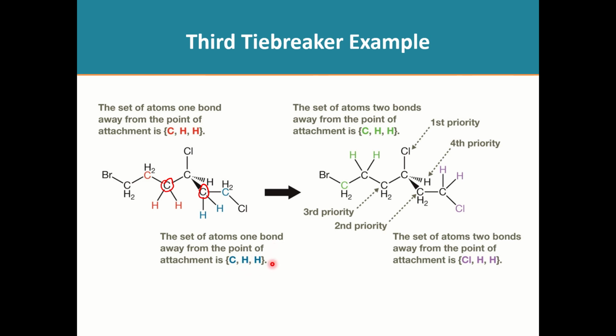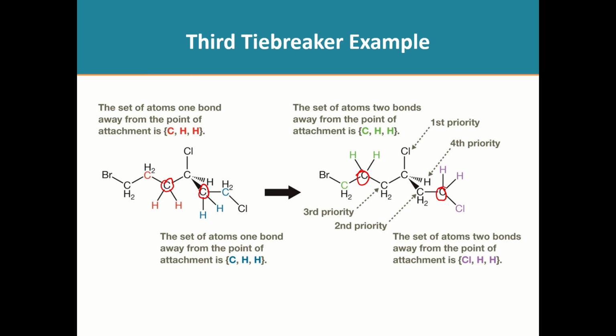So now we go one step further away, one atom away from the stereocenter. So now we are focusing on this carbon and on this carbon, and we are asking what's directly attached to that, ignoring everything before it.